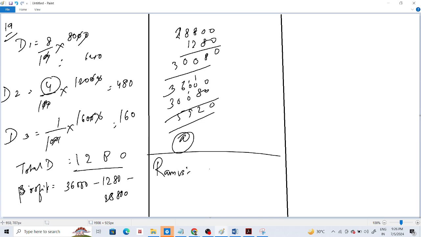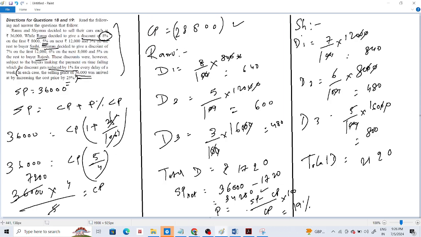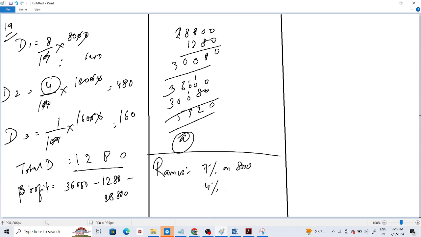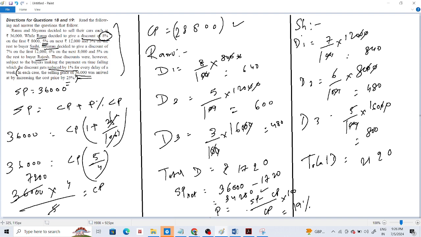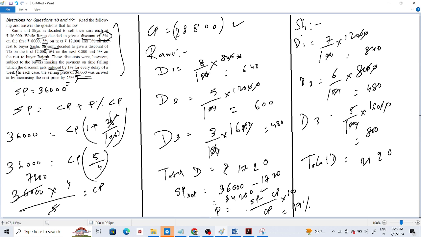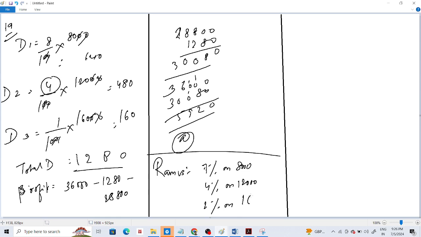So in case of Ramu, the discounts are going to become 7% on 8,000 rupees, 5% on 12,000 rupees, and 2% on 16,000 rupees. Actually, I have made it so small, I myself cannot understand.